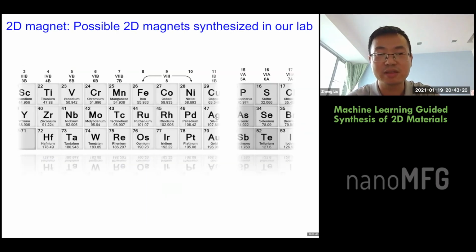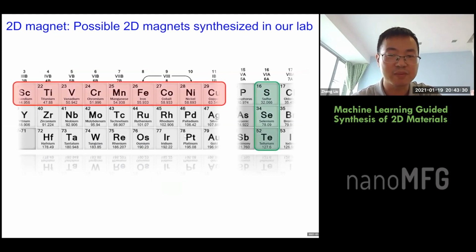If you look at the periodic table, we can find that these elements, from group 3B to group 1B, are possible candidates for magnetic materials, and if they react with these chalcogens, sulfur, selenium, tellurium, can we produce the 2D magnet?